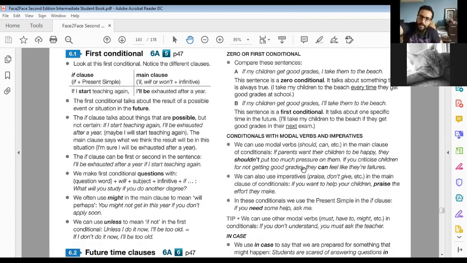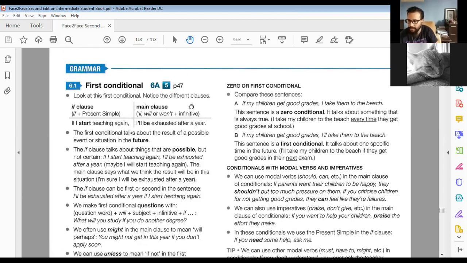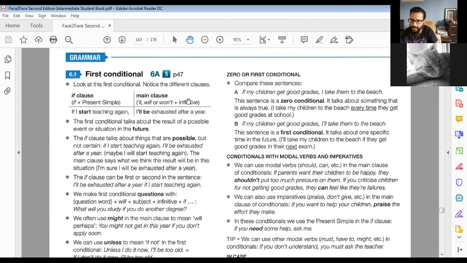And this second sentence is a zero conditional. If my children get good grades, I will take them to the beach. The first one is zero, and the second, first conditional. You're right, but when do we use this or when do we use the other? Can you tell me which one is better to use and why?